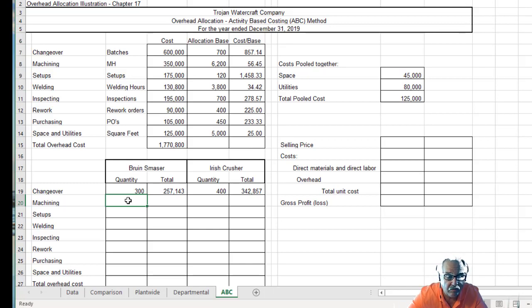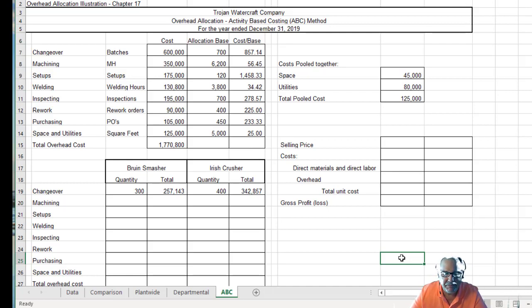Now I'm going to point out that Bruin Smasher is misspelled. I'll fix that. We're making 400 units of the Bruin Smasher in 300 batches. Well, that doesn't really make sense.